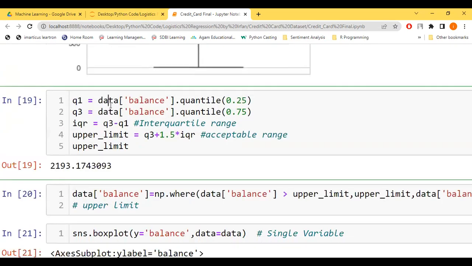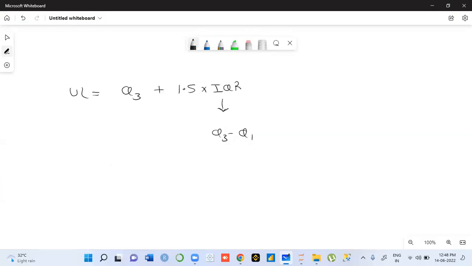Using winsorizing, I compute the 25th percentile. What is the value? Q1, Q3, Q3 minus Q1. If you remember, we have something known as this formula. To compute IQR, we require Q3 minus Q1. That's the reason we need to compute Q1 also and Q3 also.